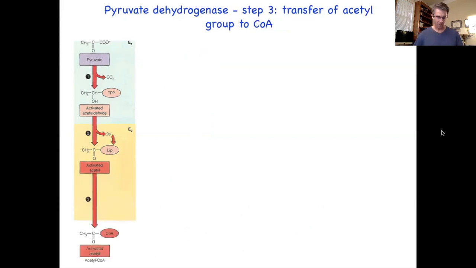Okay. So next thing we need to do is make some acetyl-CoA. That's the second half of the E2 reaction, the transacetylation reaction. So here again is our acetyl lipoamide group. And we're going to bring in some reduced coenzyme A, and we're basically just going to transfer that thioester bond. It's a transacetylation reaction.